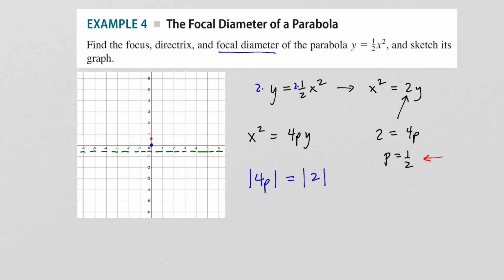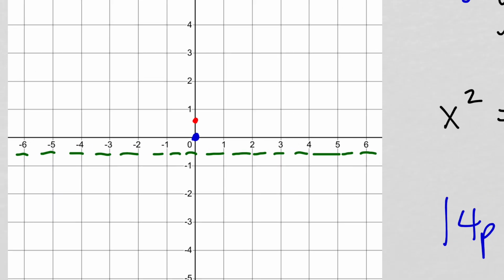So if the distance is 2 units, that means we're going to go 1 unit in this direction and 1 unit in the other direction. So 1 unit to the right puts us here, 1 unit to the left puts us here, and now we can graph that parabola. Okay? And this distance from there to there, that's your focal diameter.